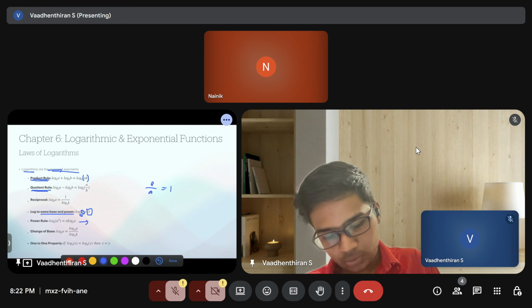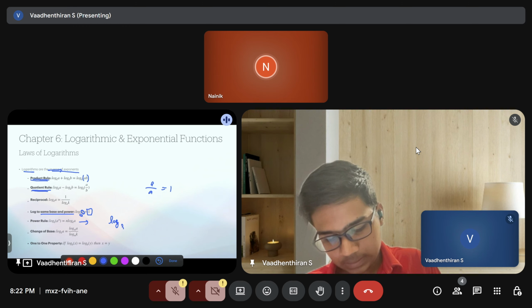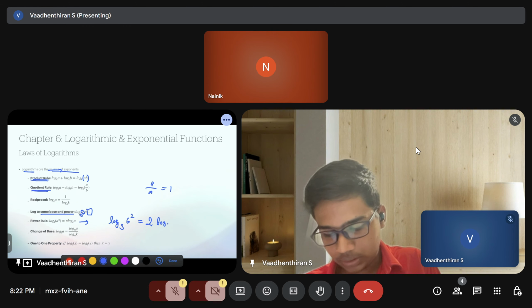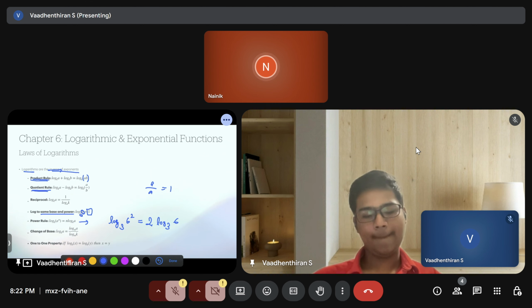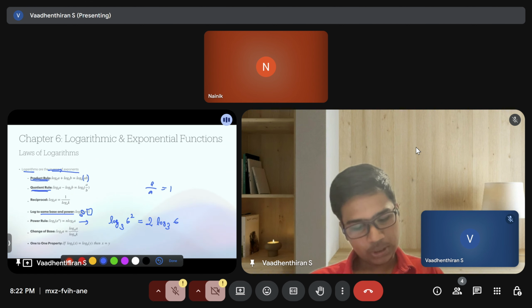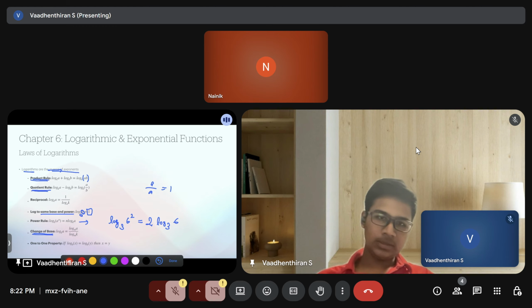Let's say log_3 6 squared, you can bring the 2 down and then log_3 6. Okay. So then change of base, as you told, you can change the base by dividing the exponent power and then the base.